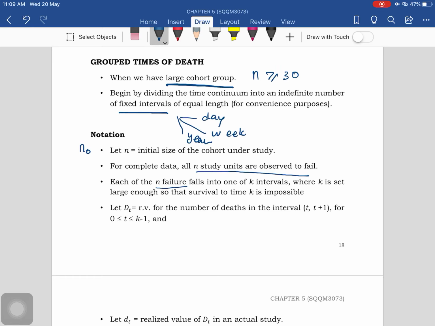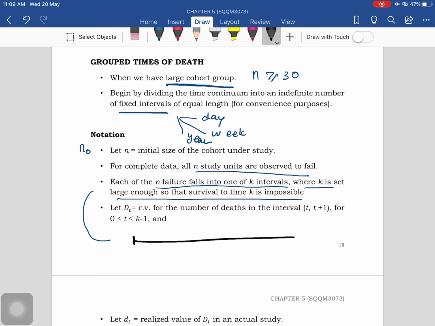Each of the N failures falls into one of the K intervals, where K is set large enough so that survival to time K is impossible. So if we draw the timeline, T equals 0, T equals 1, 2, until K intervals.